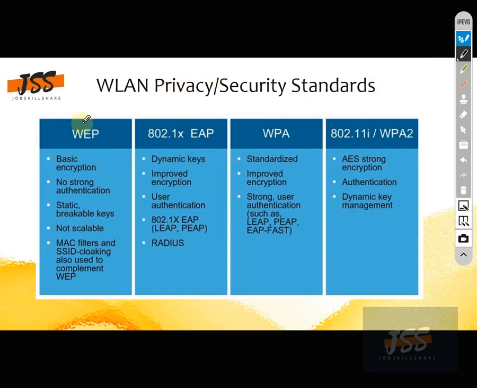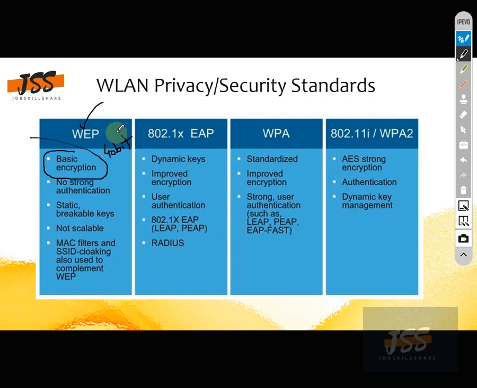The first one is WEP, which is Wired Equivalent Privacy. This is very basic encryption. Basically it uses a 40-bit encryption size.